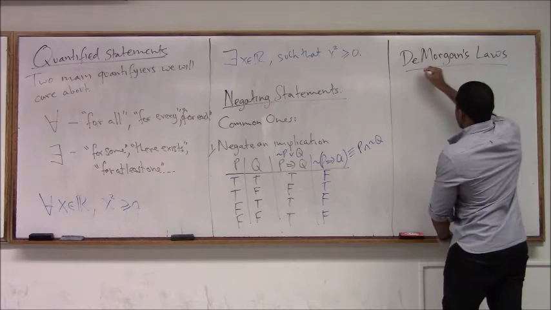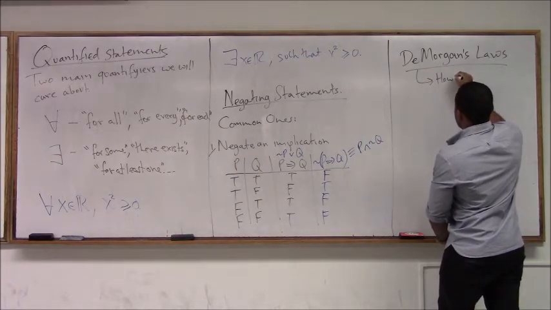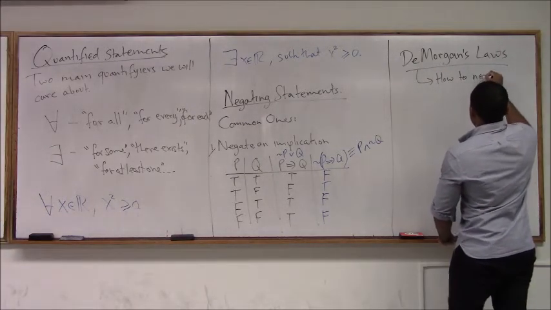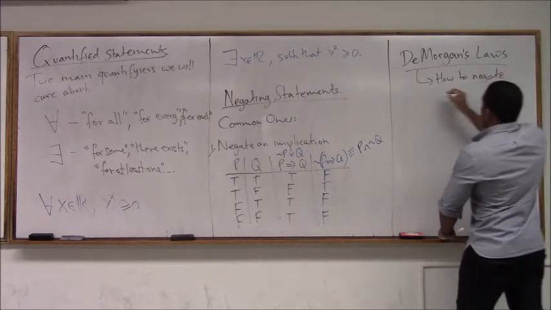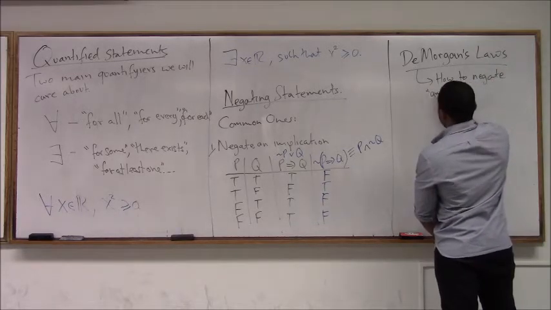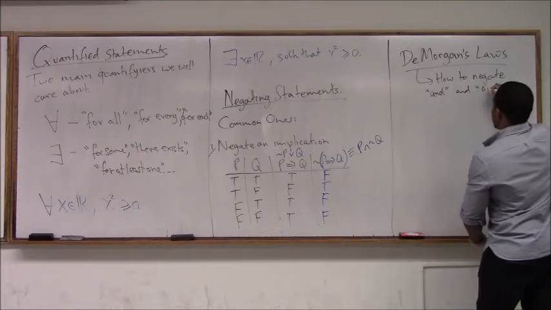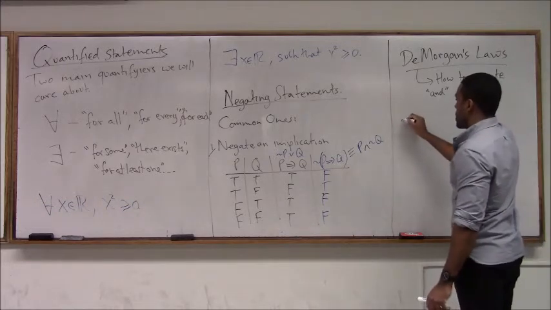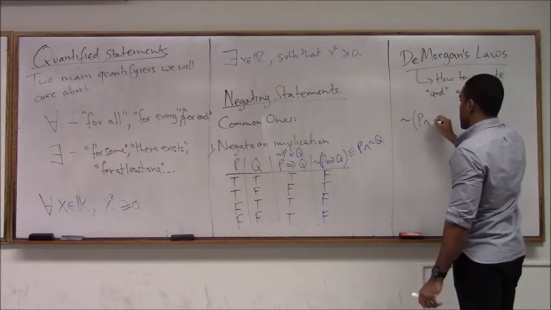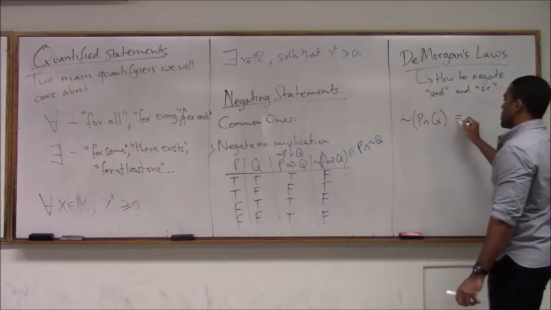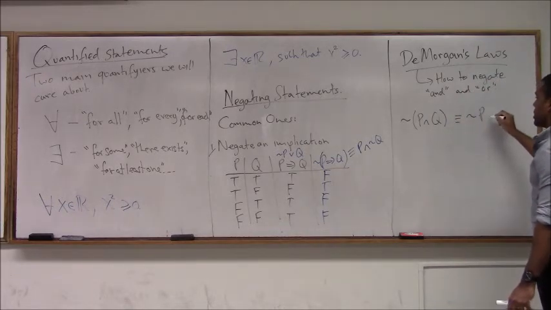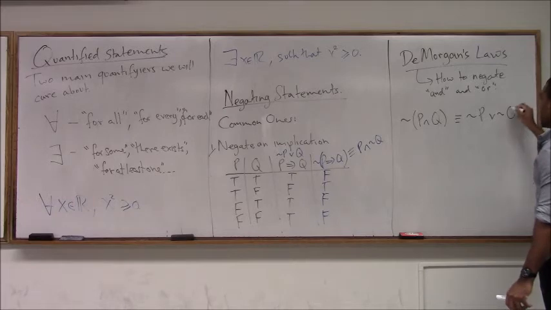De Morgan's laws tell you how to negate and or or. Basically, this is the law that says if you negate something and something, that's the same as saying negating this or negating that.